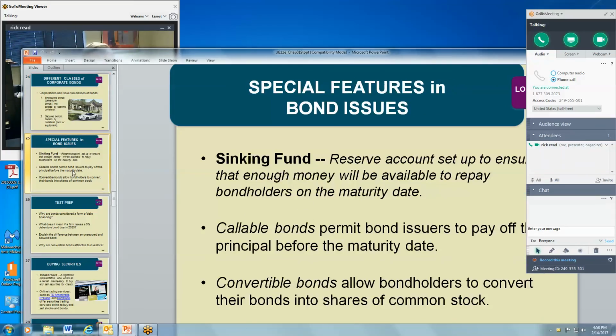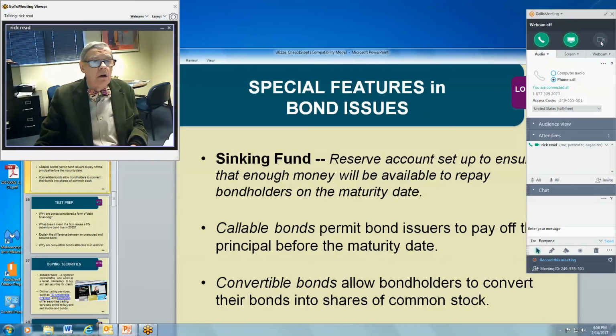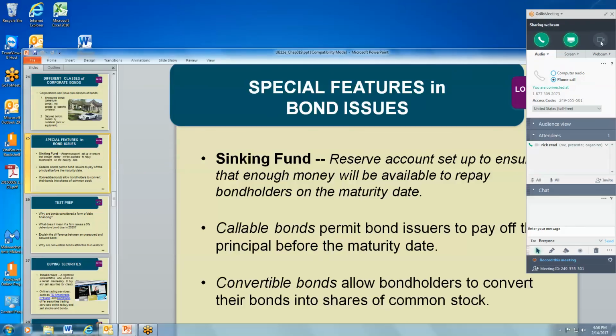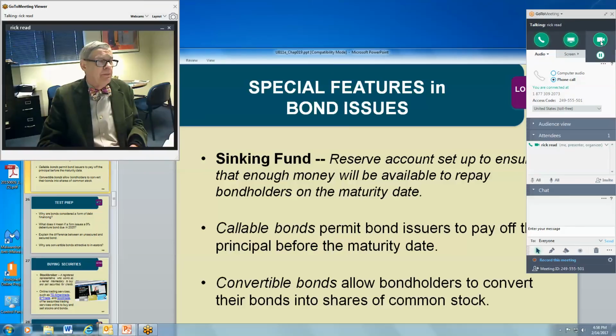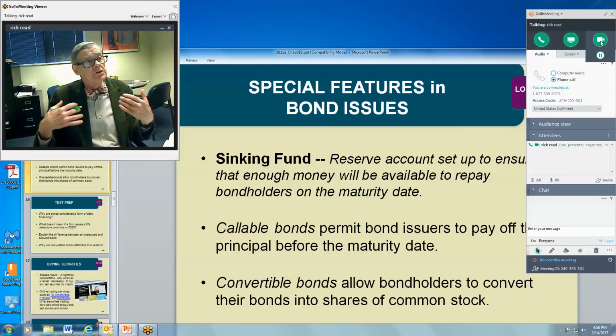There are some provisions of bonds that we need to talk about: sinking fund, callable bonds, and convertible bonds. A sinking fund is, as it says, a reserve account to make sure that there's enough money in the account to repay the bondholders when the bond is due. The callable provision we've already talked about.